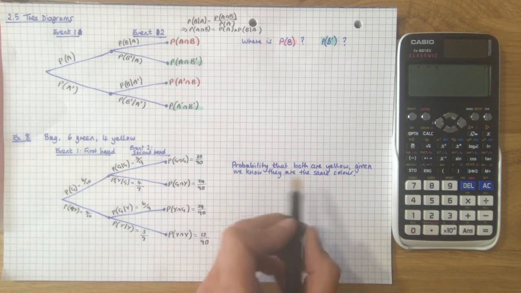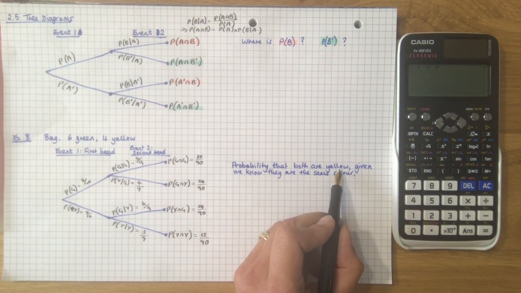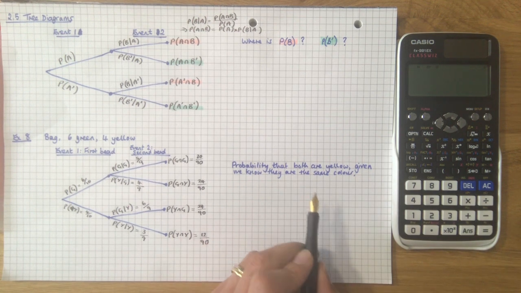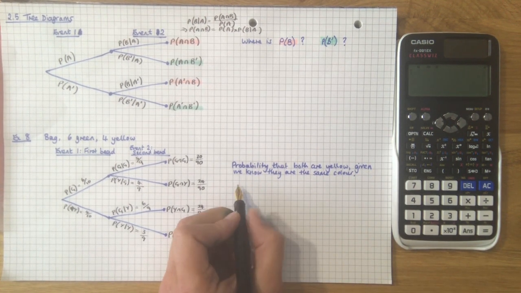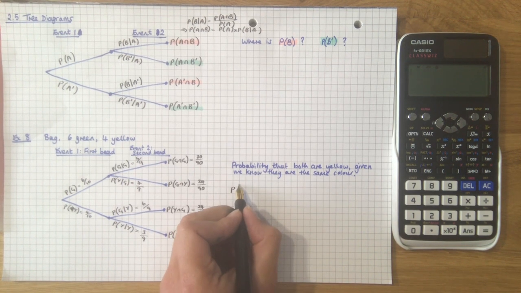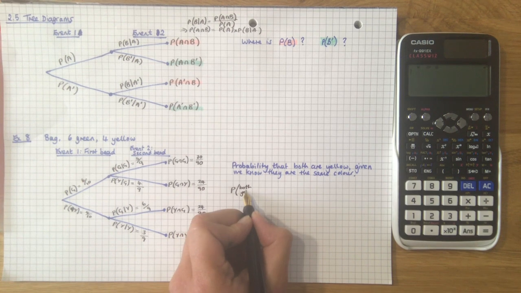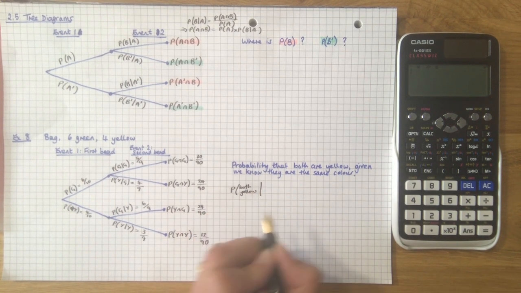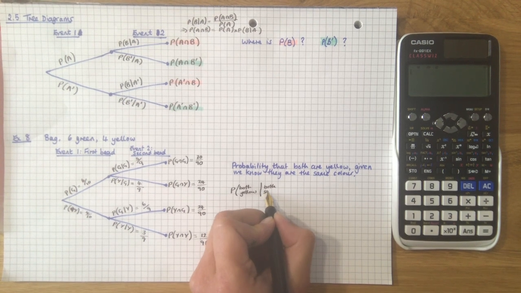So the question says, what's the probability that both of them are yellow given we know that they are the same colour? Let's write this using our line notation. What's the probability that both are yellow given that they are both the same colour?